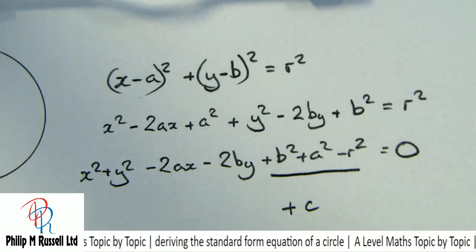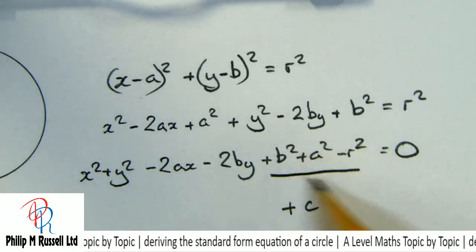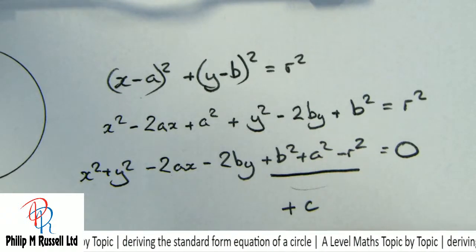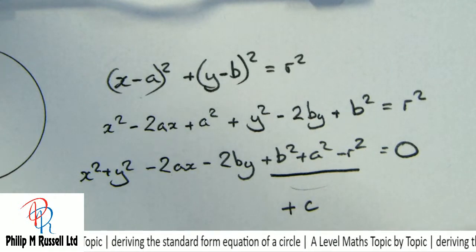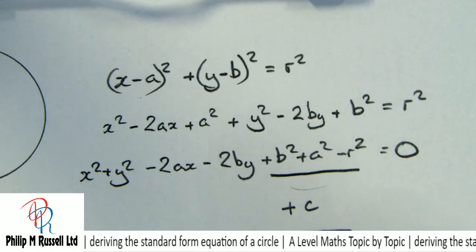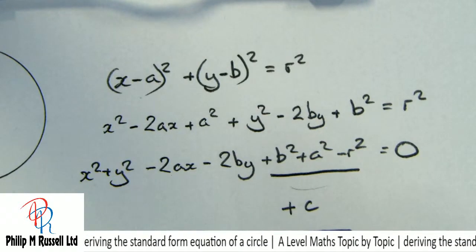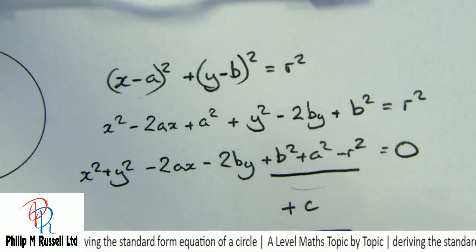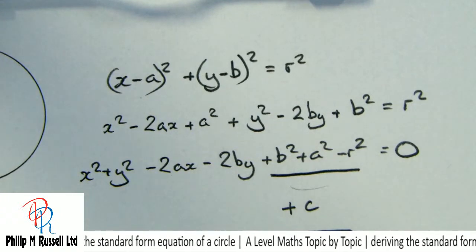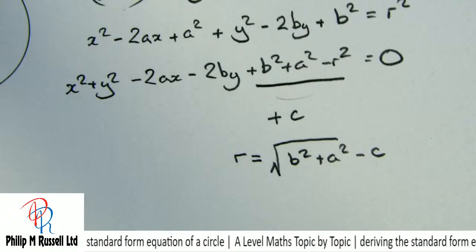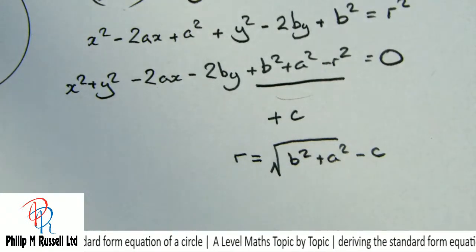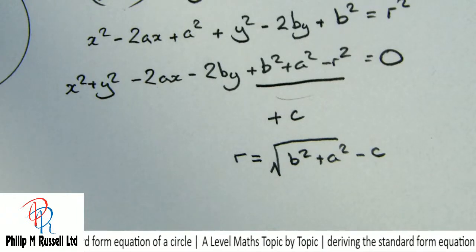Now, if this is true, the radius could be written as the radius equals the square root of b squared plus a squared minus our letter C. So we can get our circle in another manner.